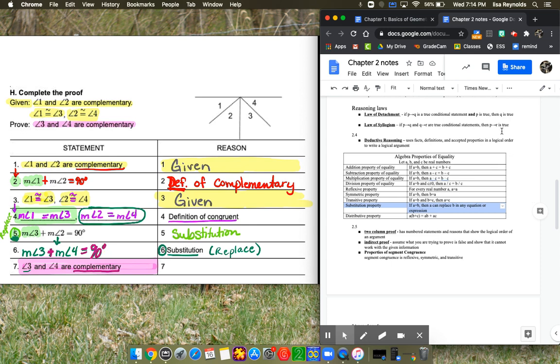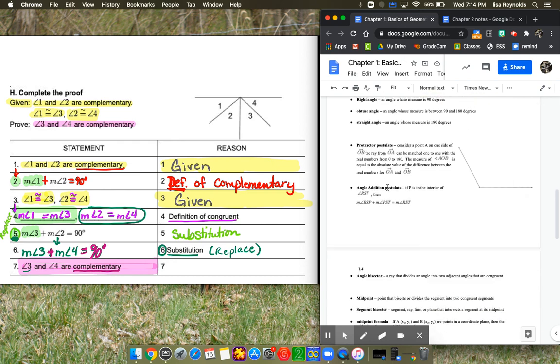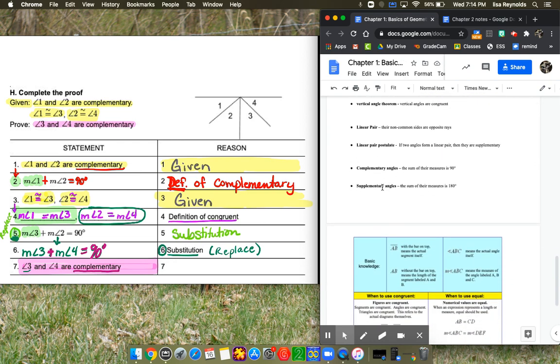If you recall, in chapter 1, our definition of complementary angles is that the sum of their measures is 90 degrees. Definitions work both ways. So if I have the addition problem, I can get complementary, and if I have complementary, I can use the definition. So I'm once again going to use the definition of complementary.